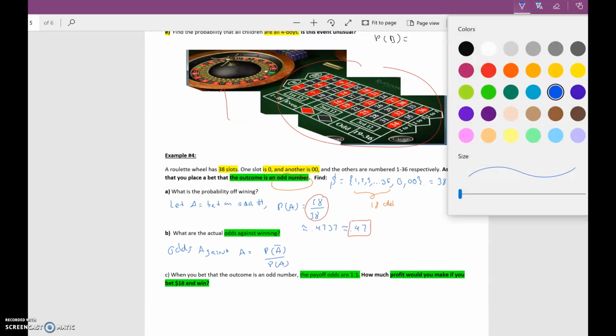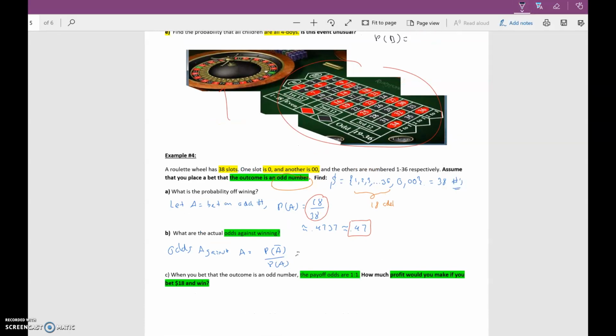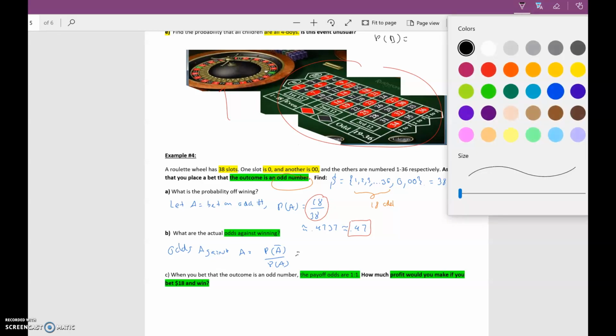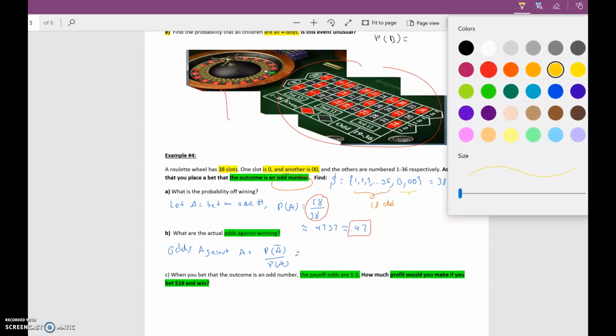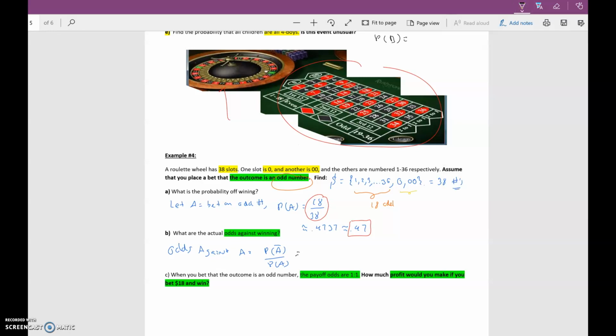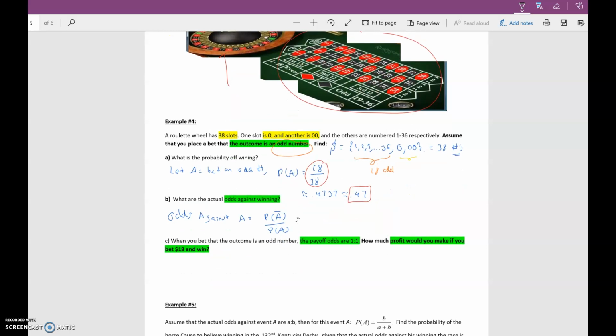Okay, so the probability of not occurring means that the individual is going to lose. They lose if they come up with an even number or the zeros, which I'm referring to as these two. So the chances of not winning are the other 18 plus the other 2.